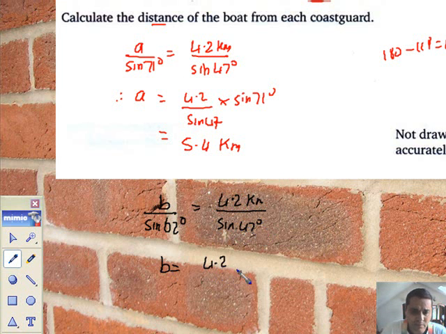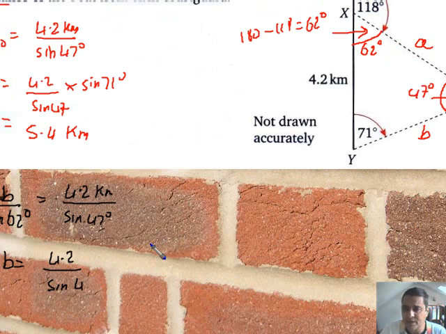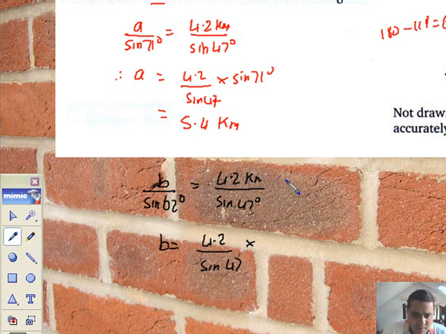Get B on its own, 4.2 kilometers divided by the sine of 47 degrees, and then multiply by the sine of 62, so you just bring it over like that and multiply.